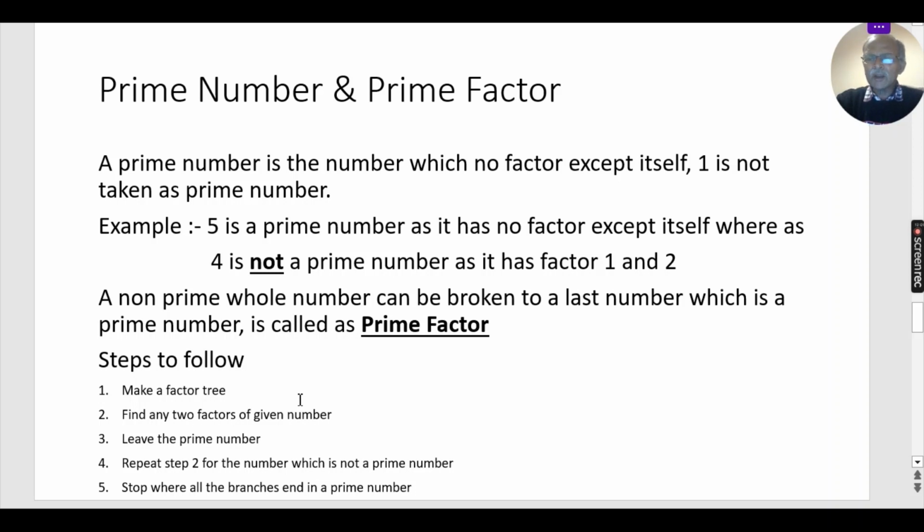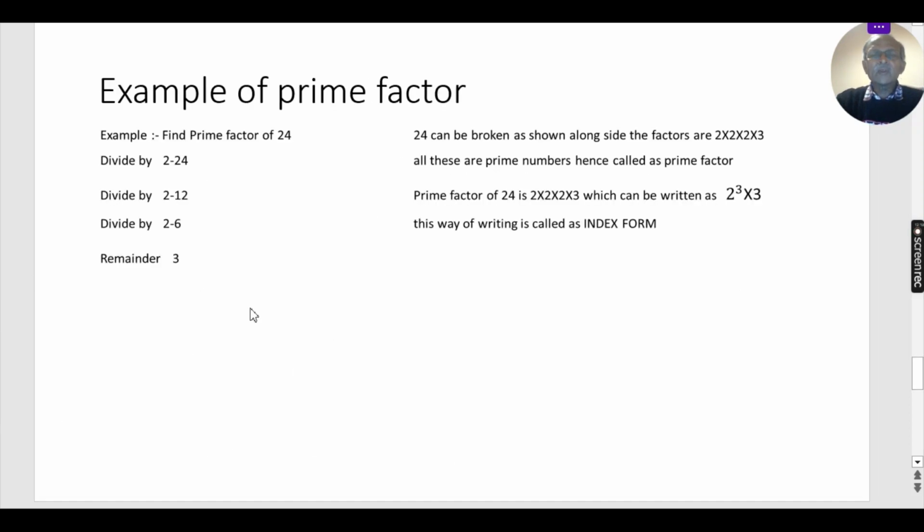If it is not a prime number, we further factorize it. And we continue this process until we get all the factors as prime numbers. That is the way. So let us take an example of prime factors. Say I want to find the prime factors of 24.